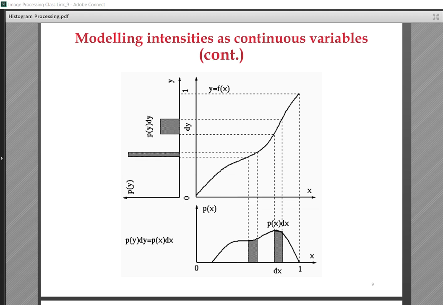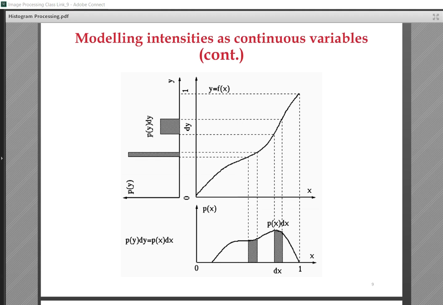That means if dy is larger than dx, okay, ds is more than dr, then PS, this height, is smaller than PR.